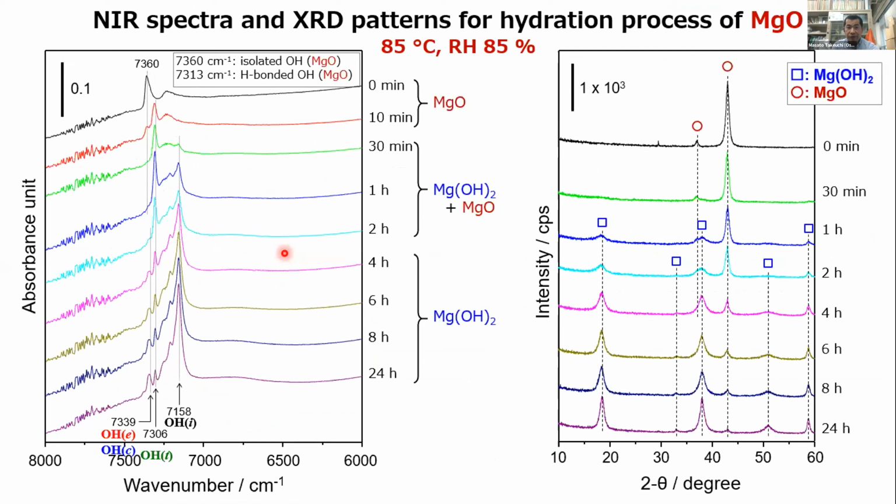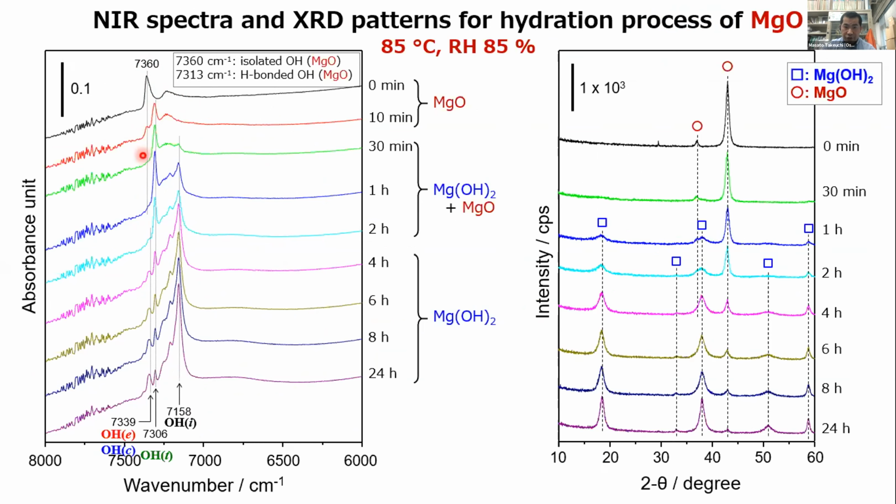Then I will show the NIR spectra and XRD patterns for the hydration process of magnesium oxide. Before hydration, we could find one band here, 7,360 wave numbers. This absorption band can be assigned to the isolated hydroxyl groups of the MgO surface.